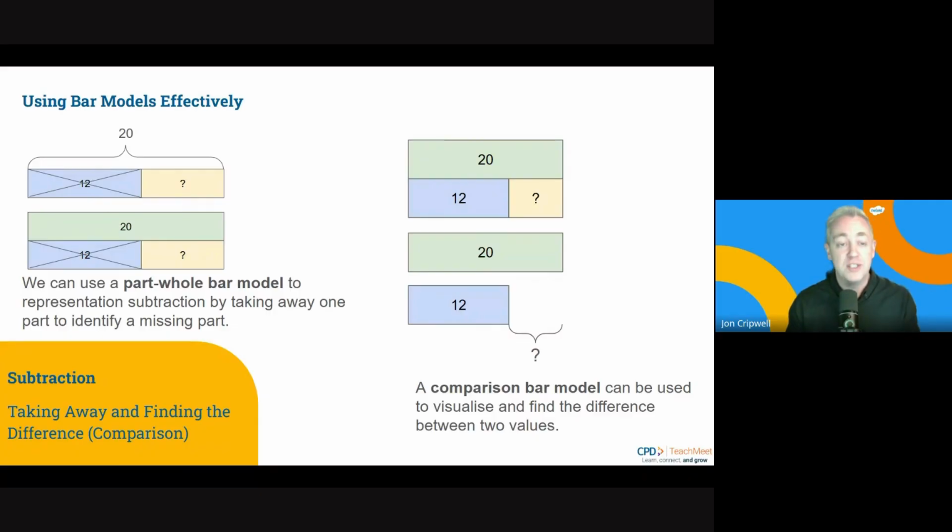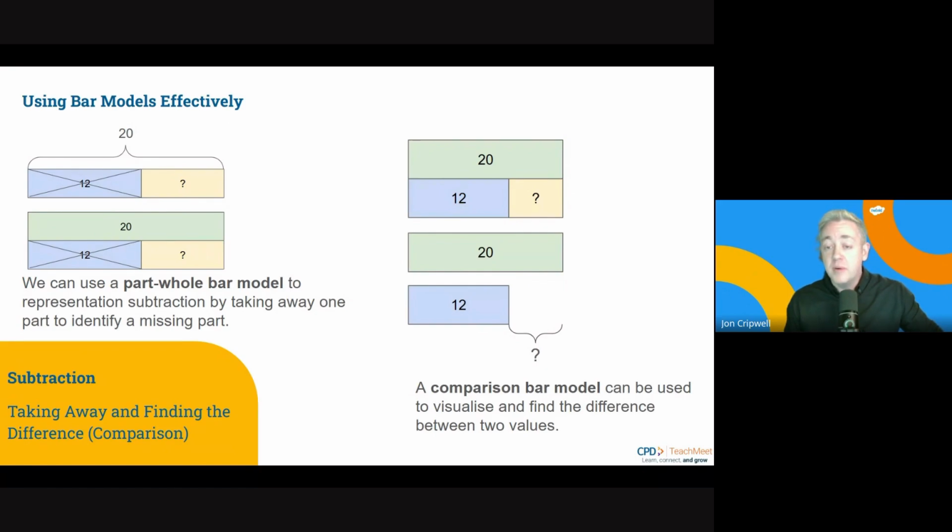Gives us opportunity to talk about, well, I know that 12 is more than half of 20, so it's going to be the bigger part of the two parts of this whole. So it just gives opportunity to explore that structure a little bit more effectively, I would suggest.